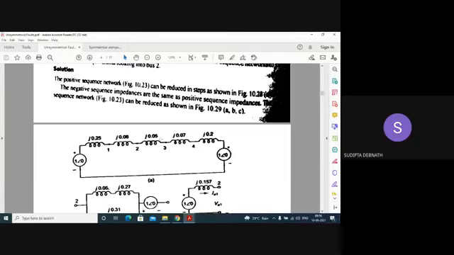So this part and this part will be in parallel. What is this part? This one plus this one, that means 0.31. And if you add these two, 0.12 plus 0.12 plus 0.2, that is 0.32.